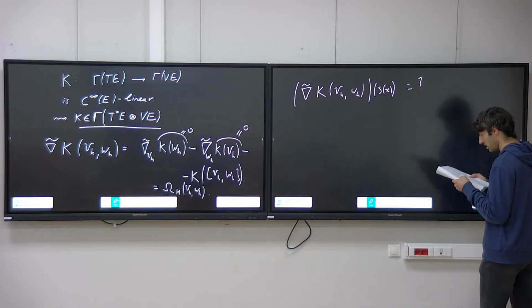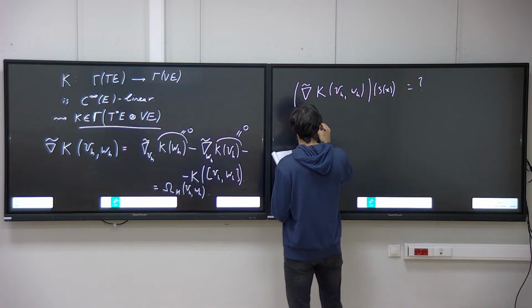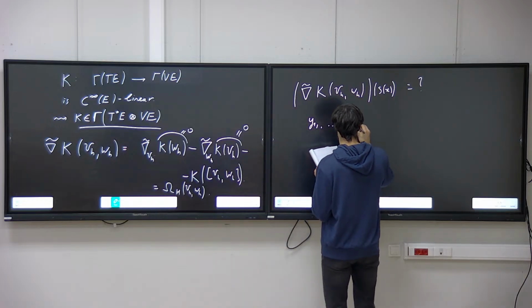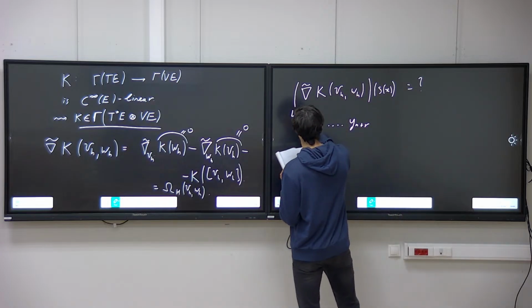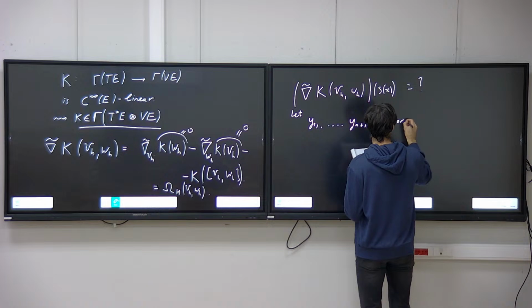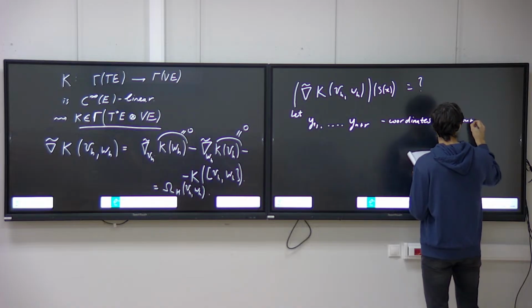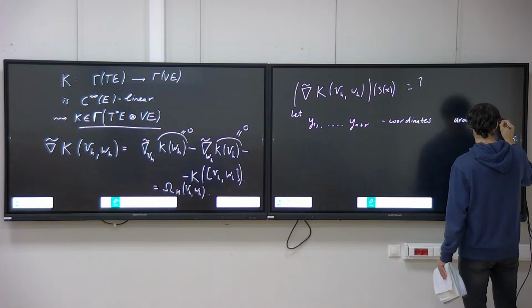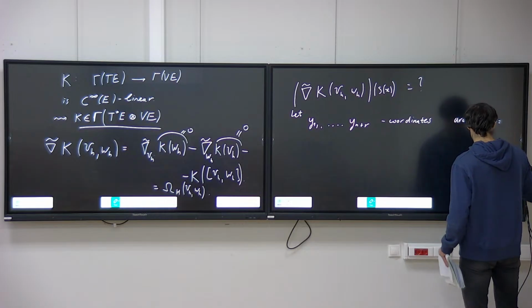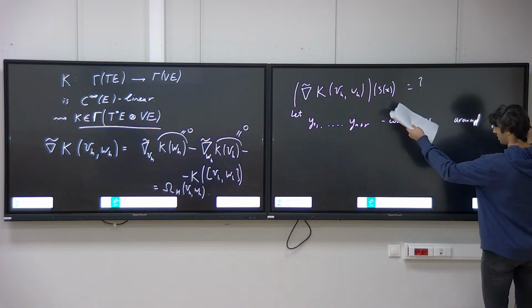So basically, let me choose some coordinates y1, through y n plus r, around P, which is my s of x, this s that I fixed.